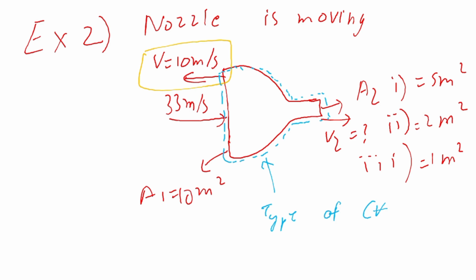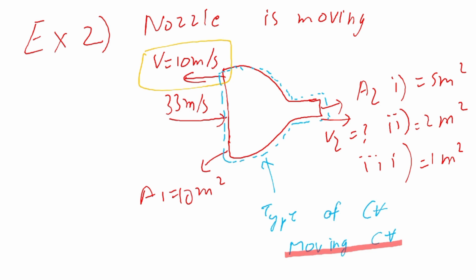So this nozzle is an example of a moving control volume. And how does the mass conservation law get modified when you're using a moving control volume?